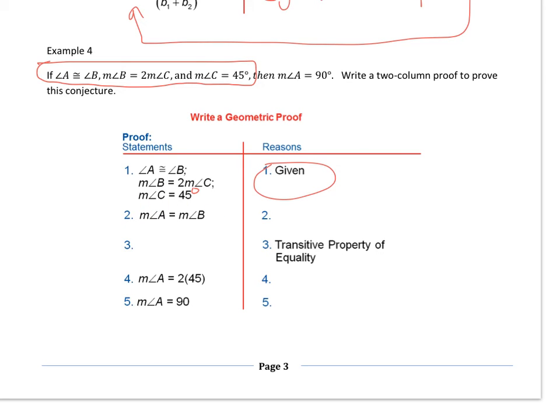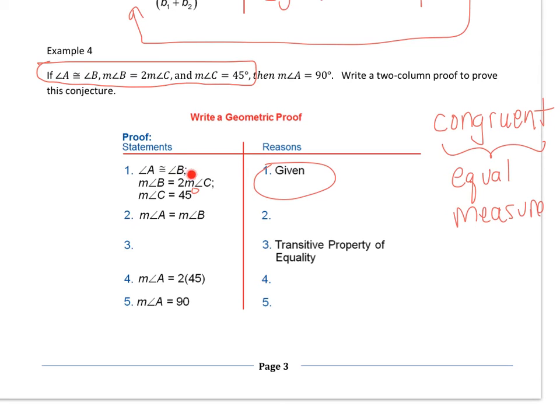Remember, in the beginning we said that the actual definition of congruent stands for equal measure, whether we're talking about segments or angles, or eventually triangles and other polygons being congruent. So congruent, direct translation, is equal measure. And that's all we're saying here. If those angles are congruent, then the measure in degrees must be equal.